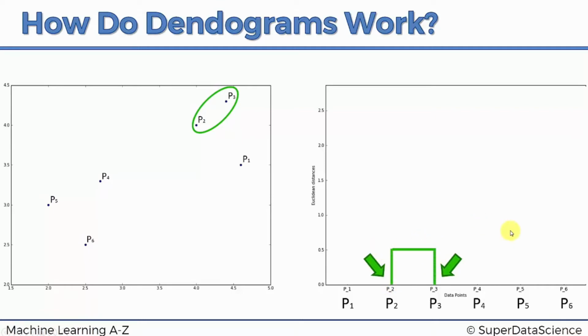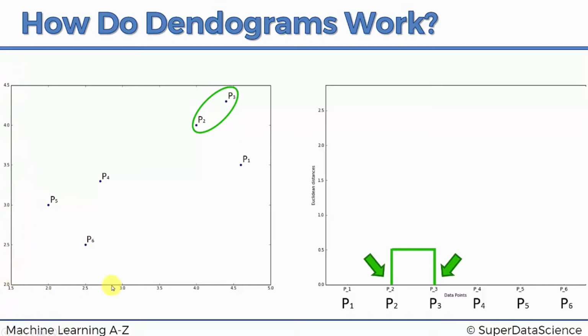This height actually has a meaning. This height is the Euclidean distance between them, and it also represents the computed dissimilarity between the 2 points or the 2 clusters. The further away 2 points are, the more dissimilar they are. For instance, this variable could be the age of a person and this variable could be the salary of a person.